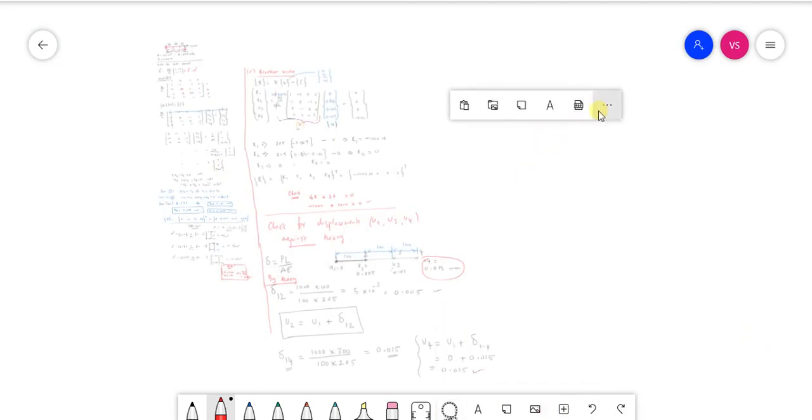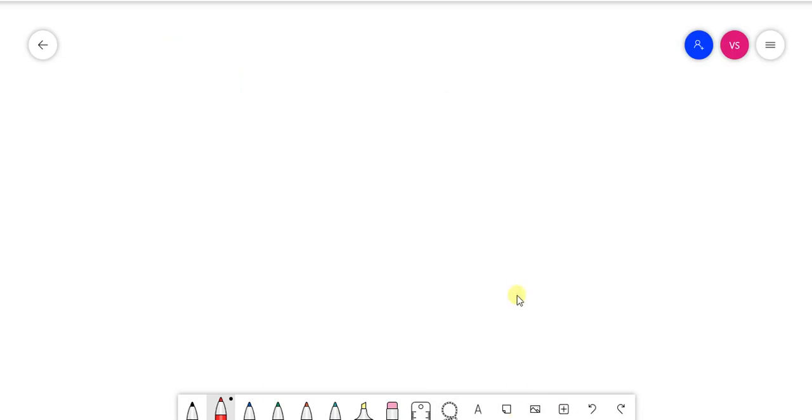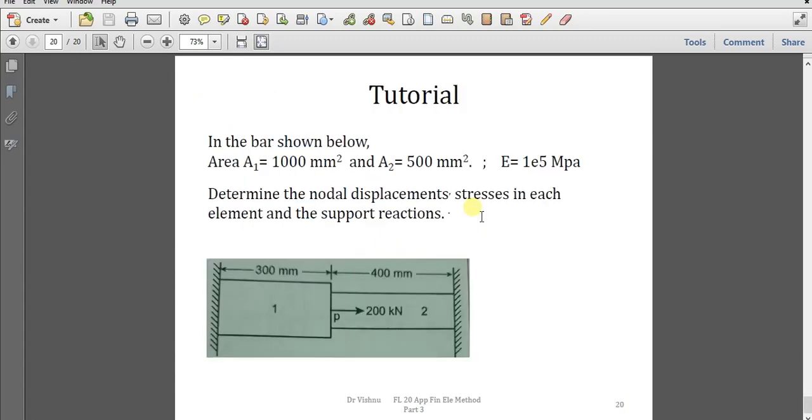Let me clear this and go to the next problem. So this is the tutorial. Now if you see this problem against the last problem which we just solved, here you can see there are two elements, but the area is not the same.